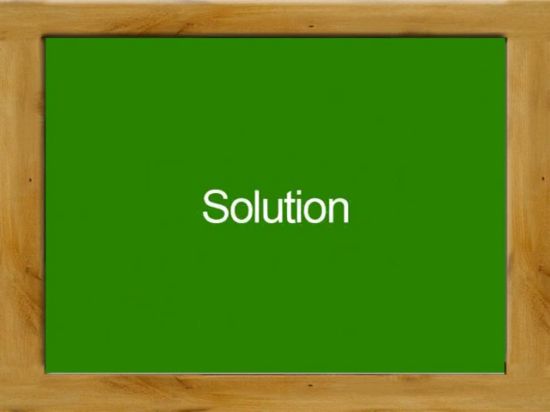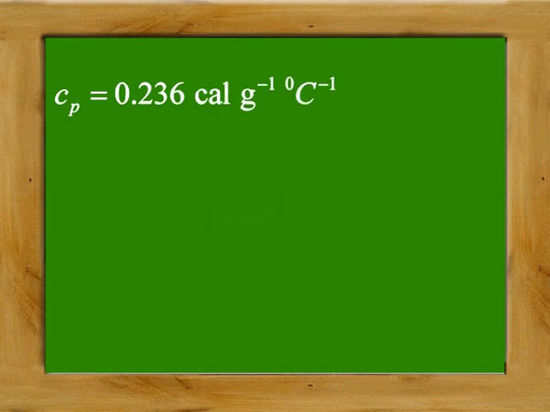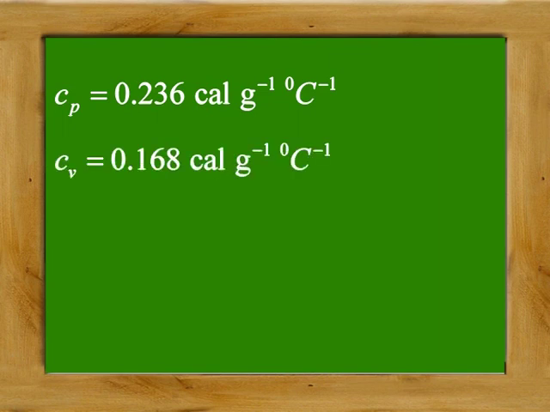Now the solution. Here Cp is equal to 0.236 calorie per gram per degree Celsius. Cv is equal to 0.168 calorie per gram per degree Celsius.